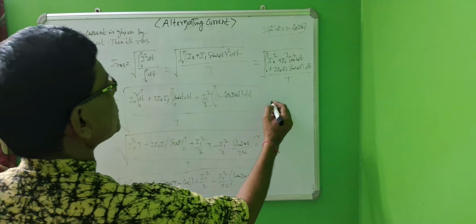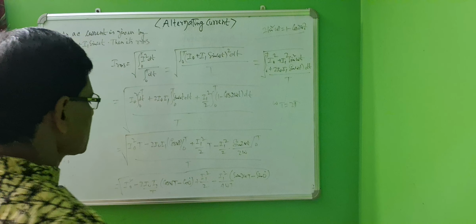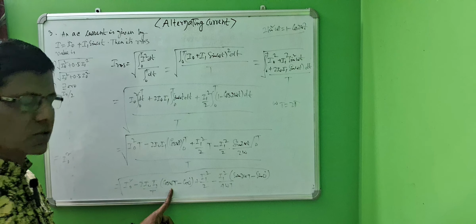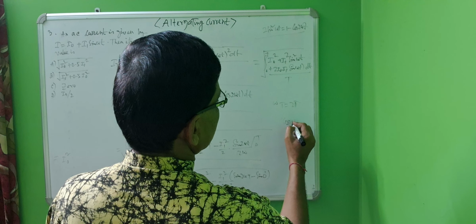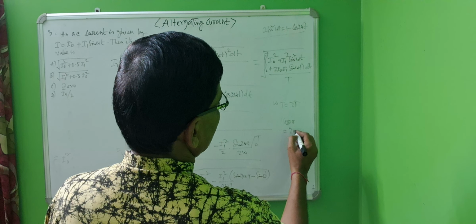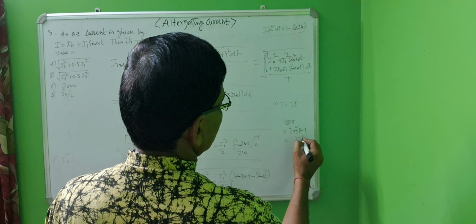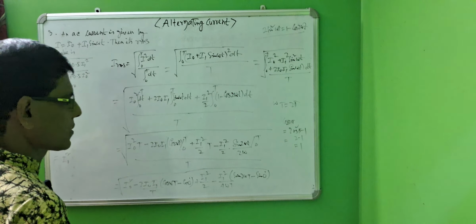cos omega t, with omega t equal to twice pi. So cos twice pi equals 1, because cos twice pi equals 2 cos square pi minus 1, which equals 2 minus 1 equals 1, and cos 0 also equals 1, so this term vanishes.